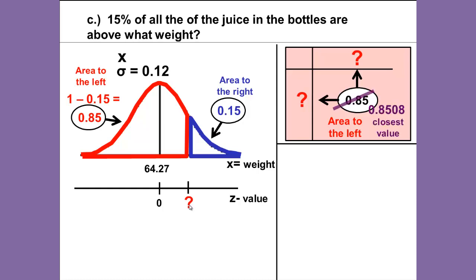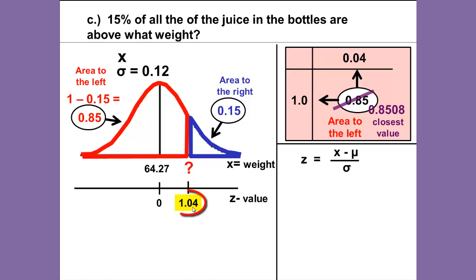In this case, the closest value is 0.8508, which gives us a z-value of 1.04. Once we have the z-value of 1.04, we can then use our formula to calculate the x.